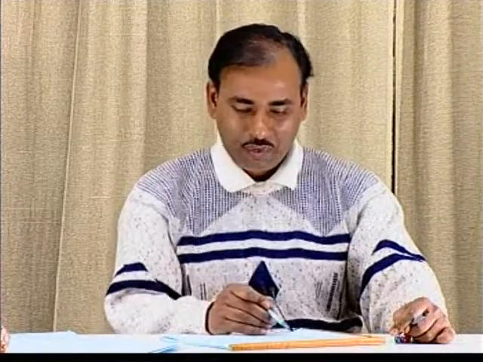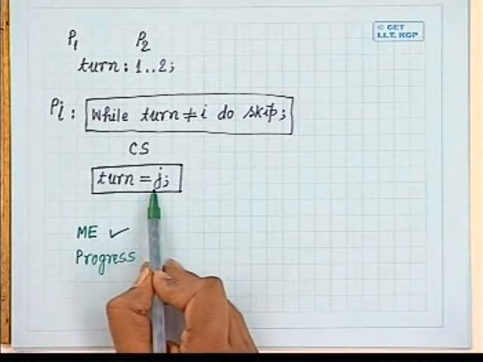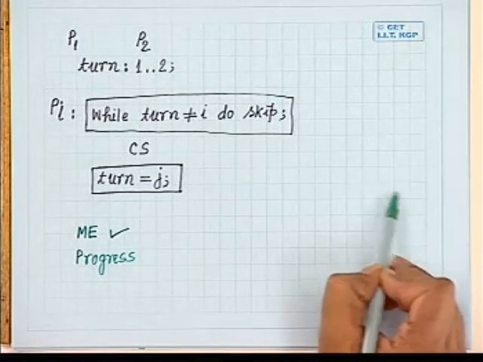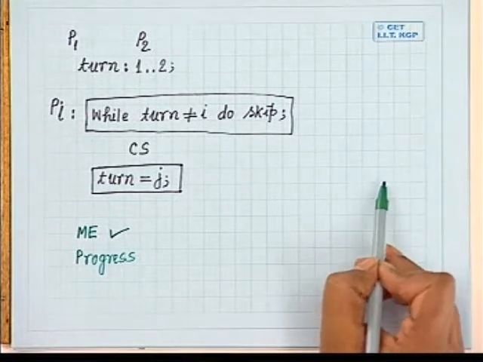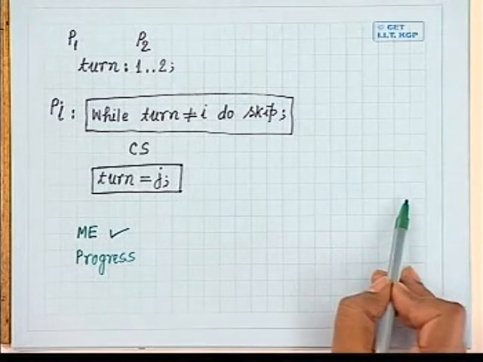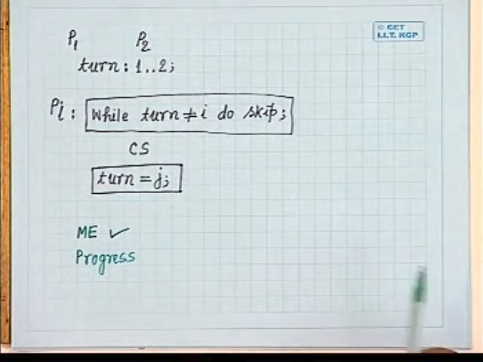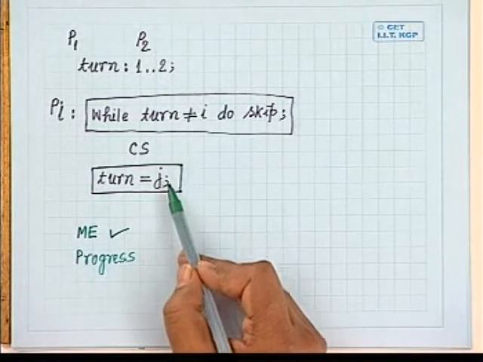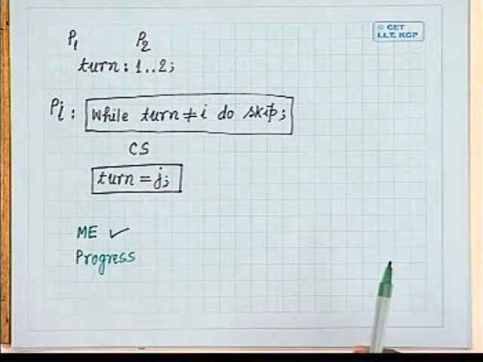Now when can turn be equal to 1? Turn can be equal to 1 in the exit section of process P2, because only in the exit section of process P2 will the value of turn be set equal to 1. But because P2 does not want to enter the critical section, it will not enter the exit section, so the value of turn will never be set to 1.